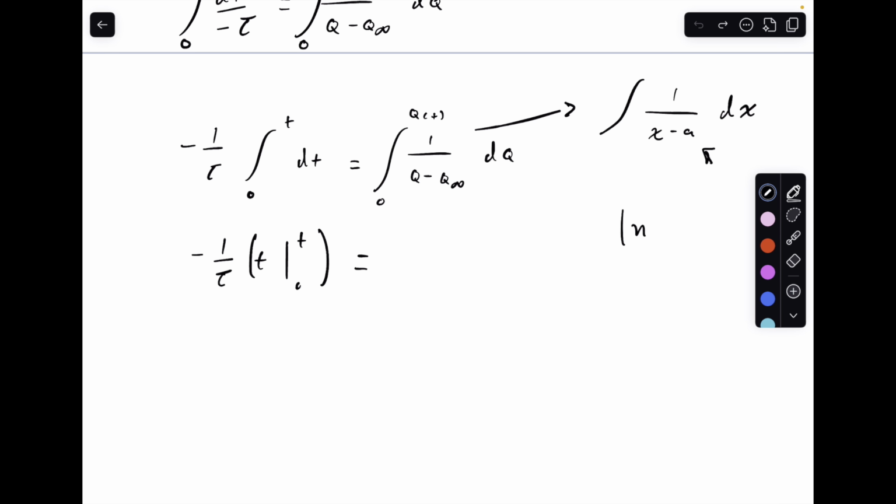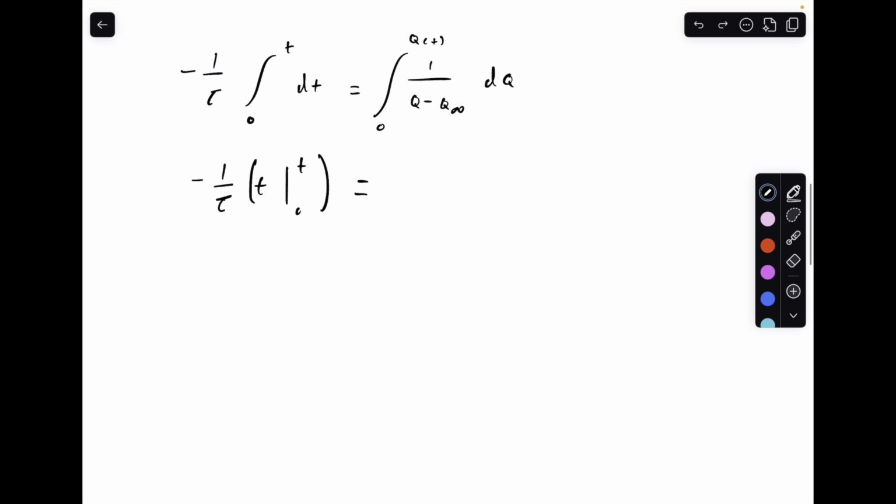So I'll do that same thing over here with that rule. And this integral will turn into ln of q minus q infinity, from 0 to q of t. And now these are both sides of the differential equation.